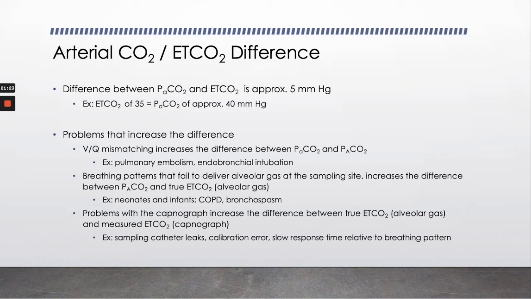Now the endobronchial intubation: we have perfusion, but we're not ventilating. That actually increases the shunt inside the lung, because the tube usually goes down the right main stem. Say we left it down the right main stem without realizing that we're only ventilating the right lung, but not the left lung.